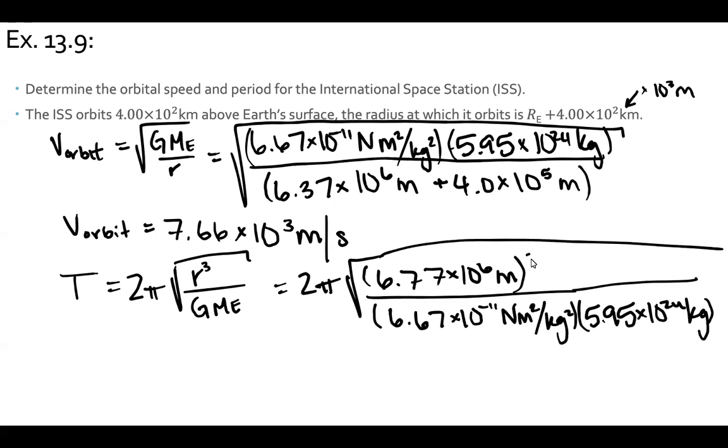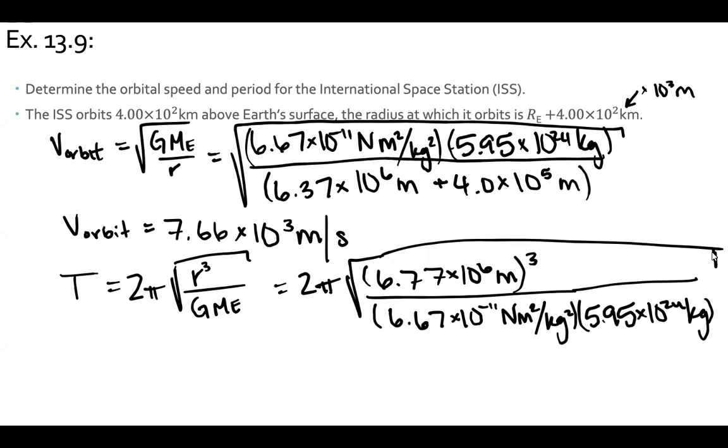Okay. Oh, and this is cubed actually. Forgot that part. That's important. So we have that cubed divided by 6.67 times 10 to the negative 11th times 5.95 times 10 to the 24th.